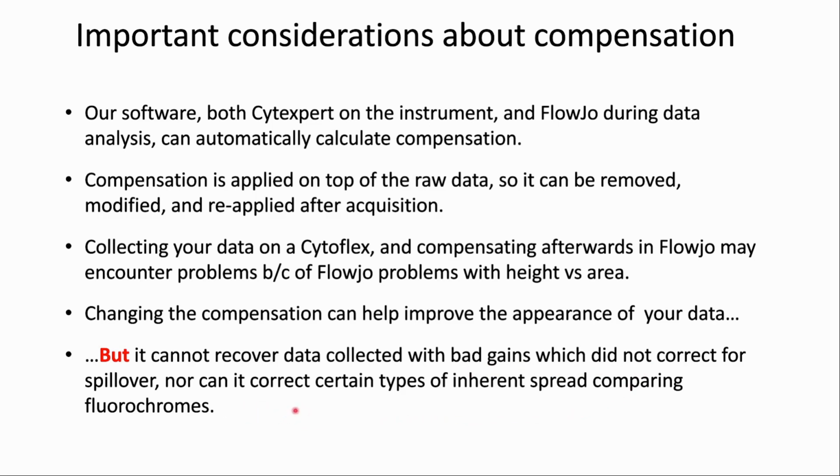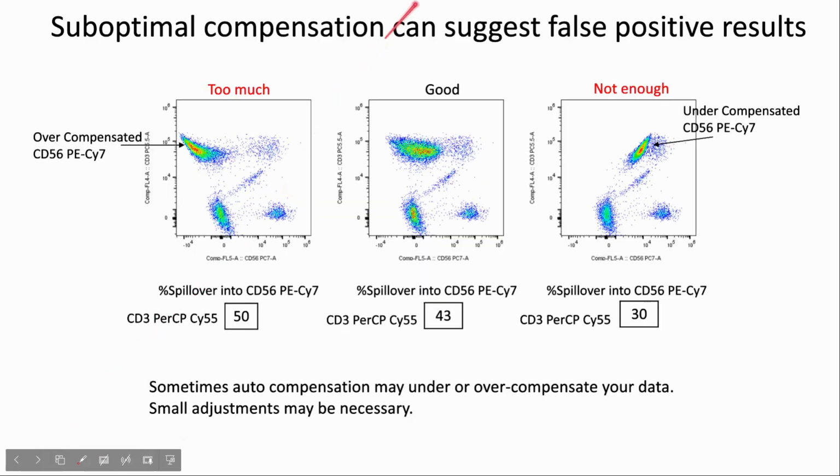Additionally, there are some spillover artifacts which are inherent with the instrument and the fluorochromes used, and we're going to discuss that in the next slide. This type of spillover spreading error is not able to be corrected by compensation.